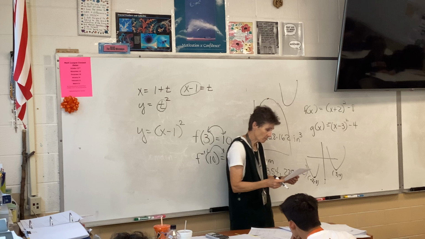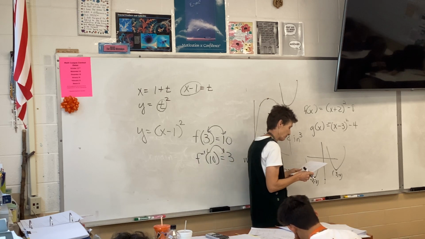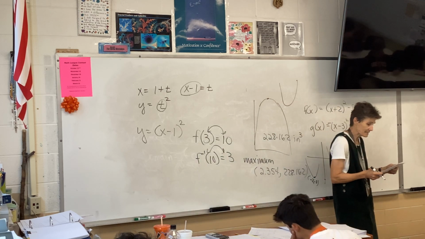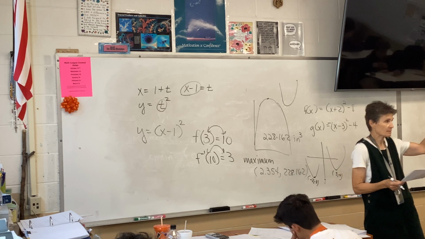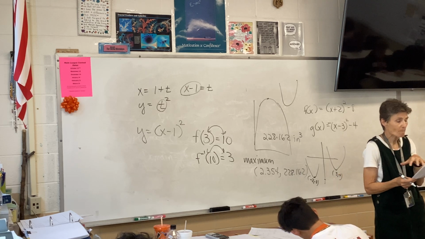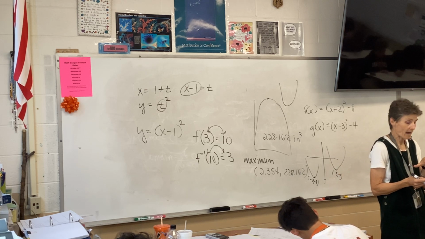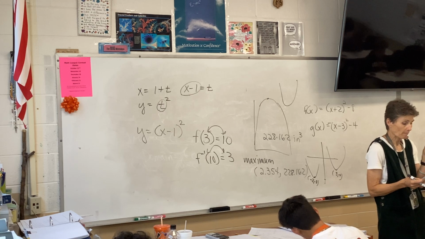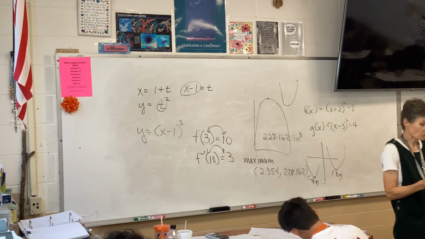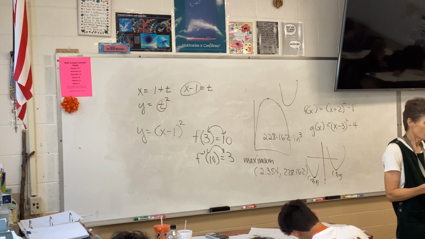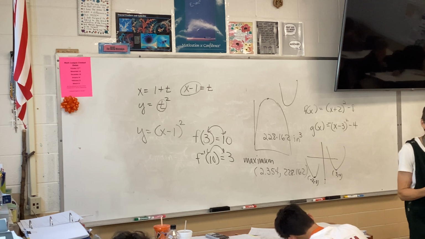Number 9E. We just did a bunch of graphing. This is backwards of that. Look at 9E. I have the picture, the originals at the top. I've drawn a new picture.